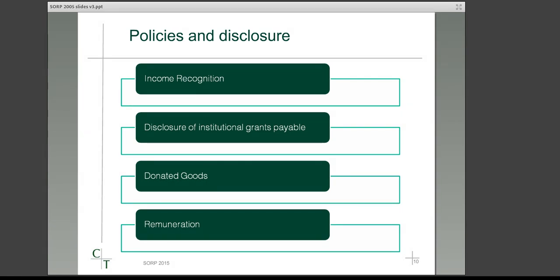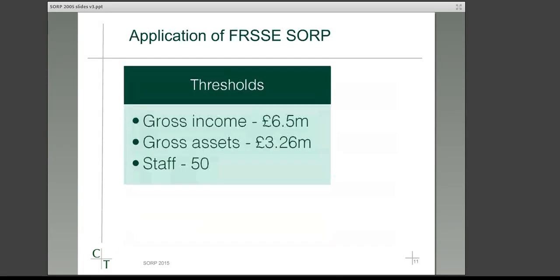So we've looked at some changes to policy and disclosure between the old SORP and the new SORP. Let's look at what the FRSSE version of the SORP will provide for us. Well, the first thing to consider is, can we use the FRSSE version of the SORP? This is important because there are reduced accounting and disclosure requirements in the FRSSE version of the SORP, so we need to consider, can you apply this?